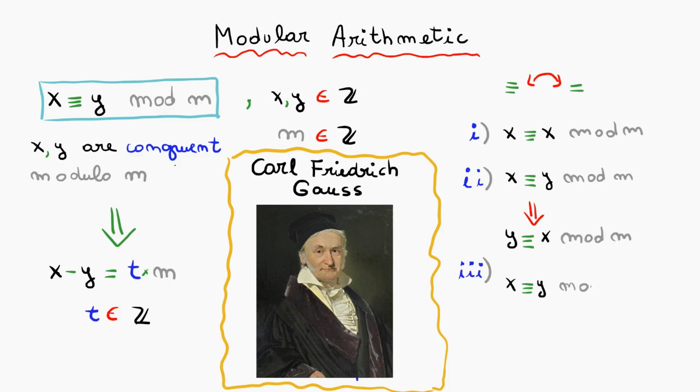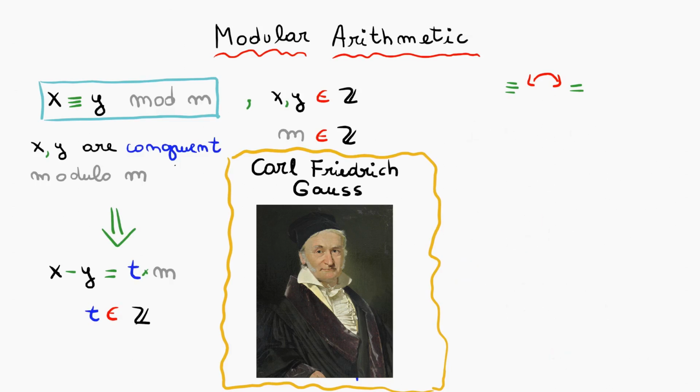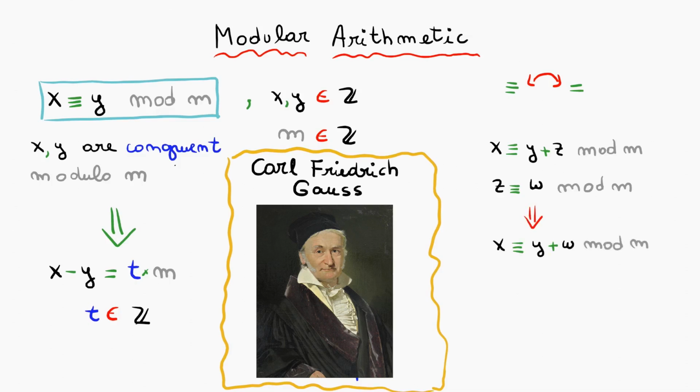Furthermore, if x is congruent to y and y is congruent to z, then we can say that x is congruent to z. All these properties can be demonstrated with the definition of congruence that we have shown here. One property that we will use quite a bit in this video is that if we have that x is congruent to y plus z, and z is congruent to w, then we can substitute z for w in the first relation to say that x is congruent to the sum of y plus w.